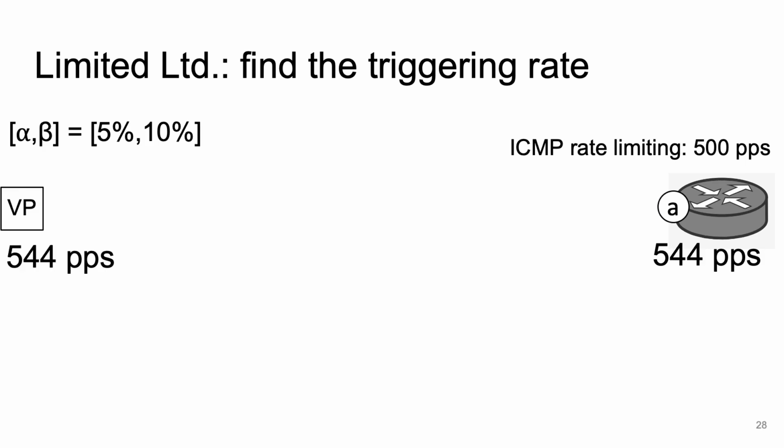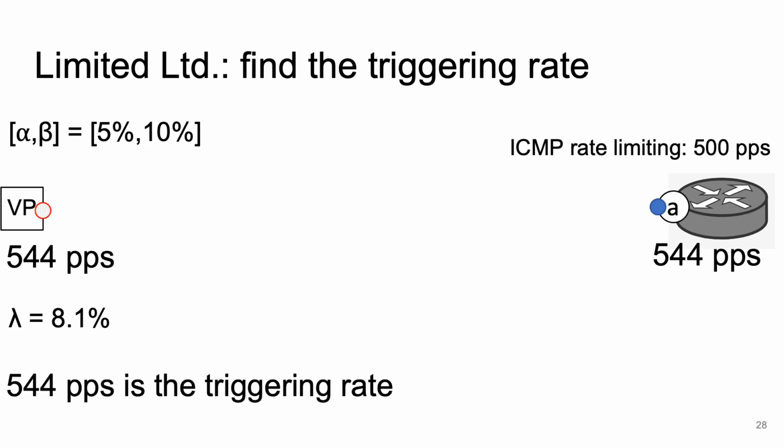Finally, the right rate that we were looking for is 544 packets per second, because it triggers a loss rate of lambda equal to 8.1%. We call this rate for A the triggering rate.